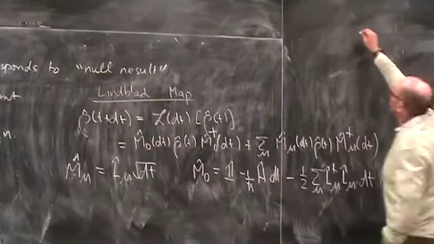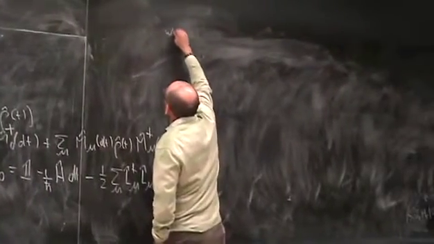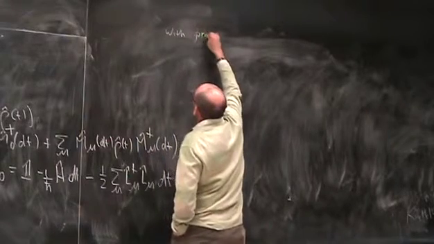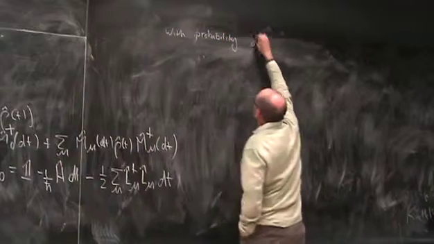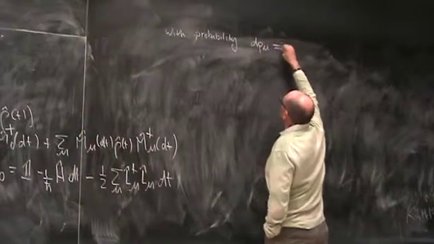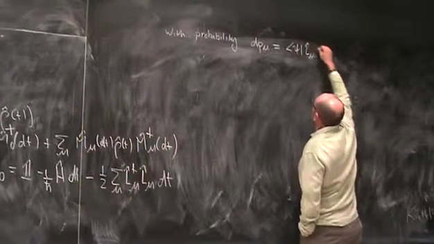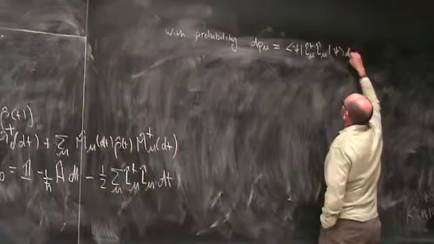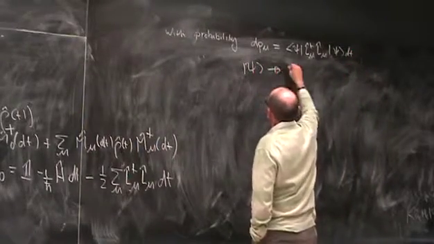Okay, so with probability dp mu given by this, we make the state jump.